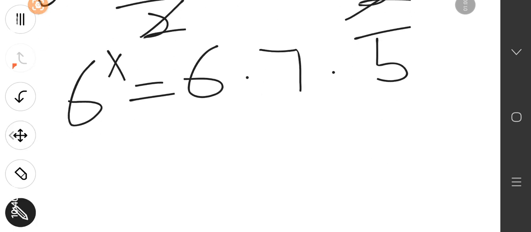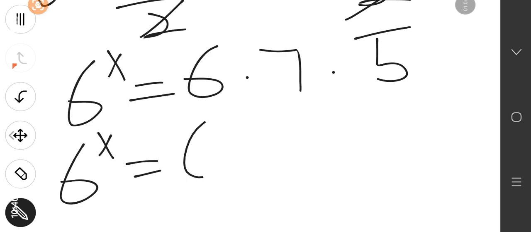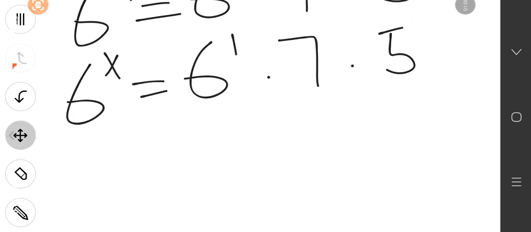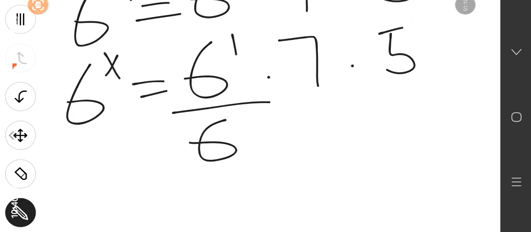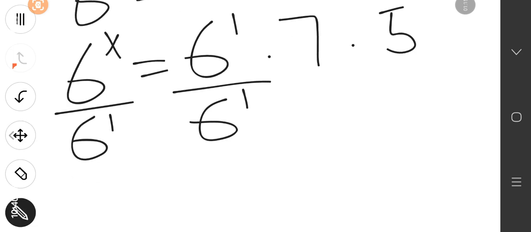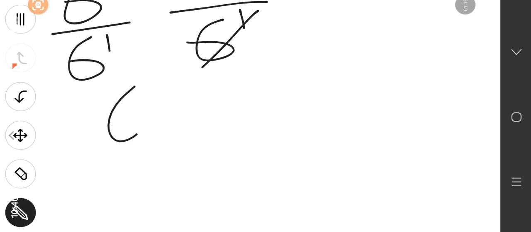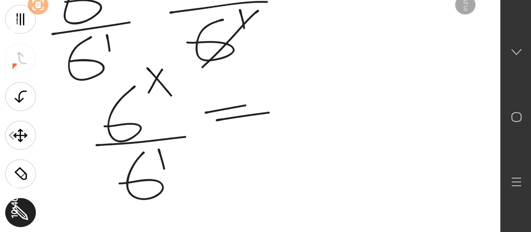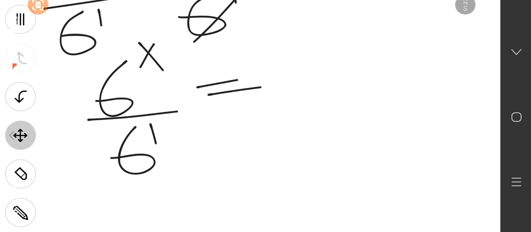So we are going to have 6^x equals, 6 is the same as 6^1, okay? All right. Now let's divide here by 6^1, here by 6^1. All right, so this and this will cancel. So we are left with 6^x over 6^1 equals 7 times 5.